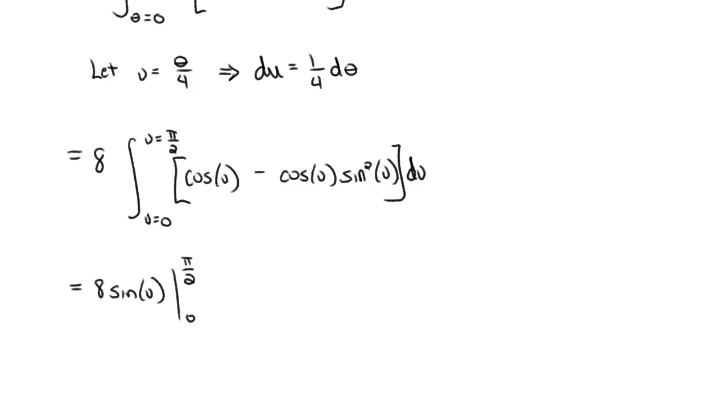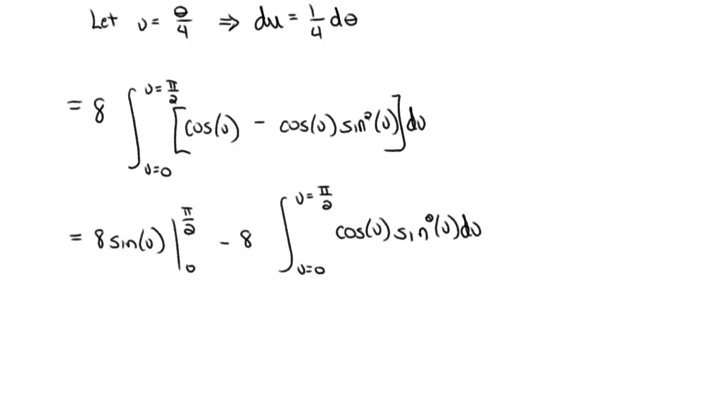The second one, on the other hand, minus 8 times the integral from u equals 0 to u equals pi over 2, is a little extra work, right? So cosine of u sine squared of u du. And I'm going to go ahead and let x equal the sine so that dx steals out the cosine. We haven't used the variable x here, so let x equal sine of u so that dx, sorry, will steal away a cosine of u du.